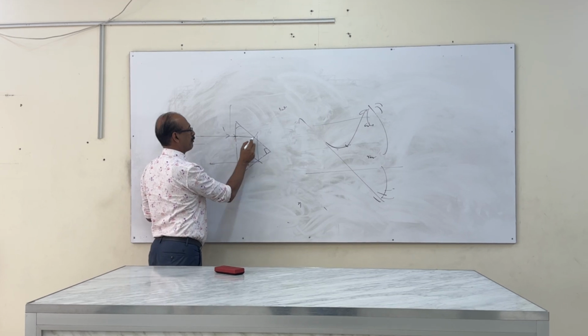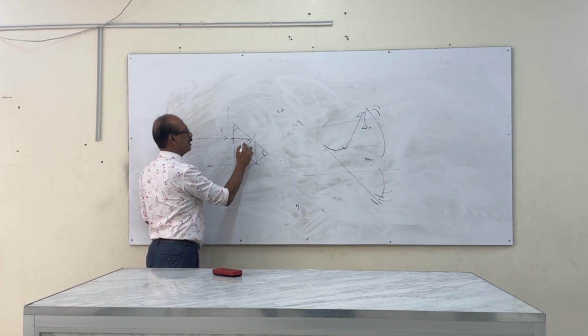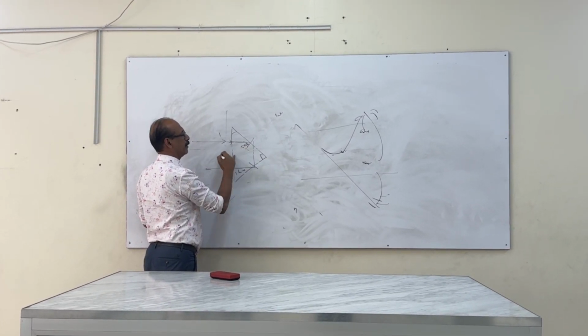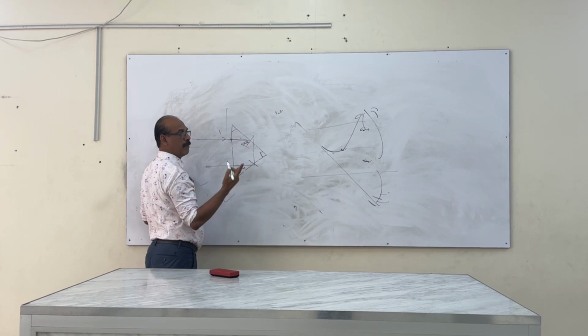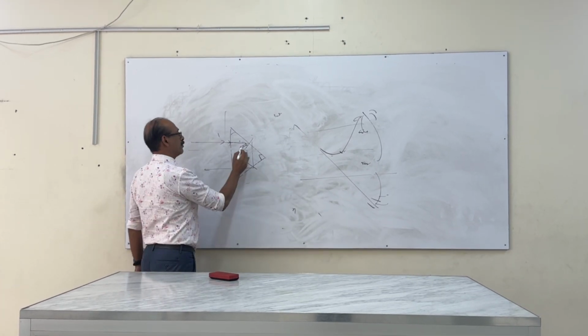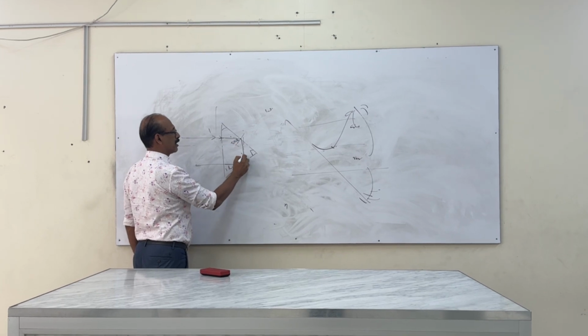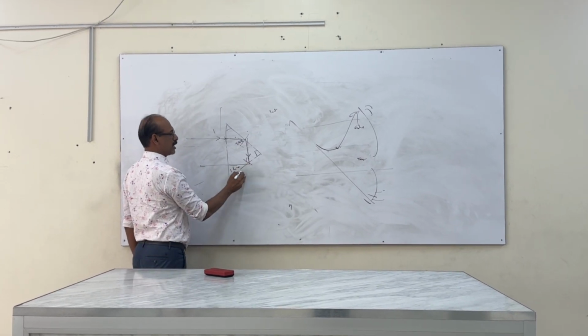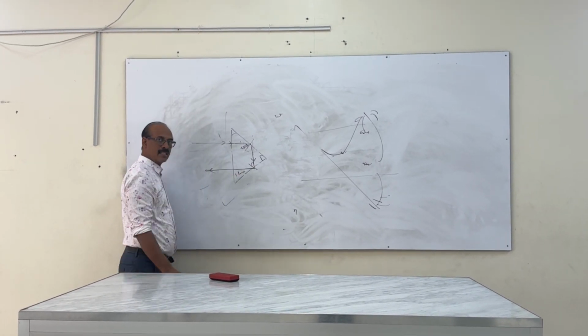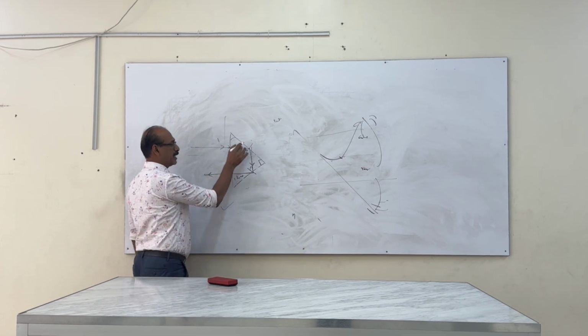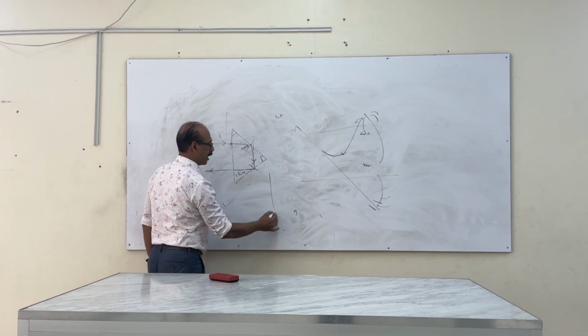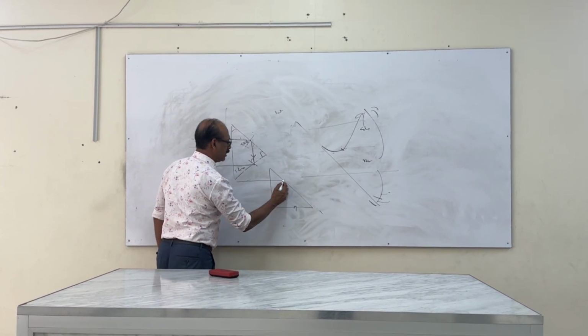So the light ray goes in the same direction, and here the angle will be 45 degrees. For glass-air media, the critical angle is at most 42. So if the angle of incidence is greater than the critical angle, that means 45, 100% reflection takes place. Here also the same thing, 100% reflection takes place. So the light can be deviated by 180 degrees. Another example, light ray 90 degree deviation.